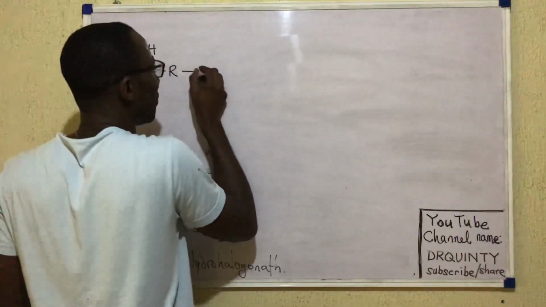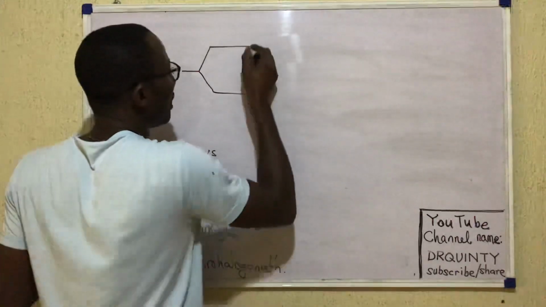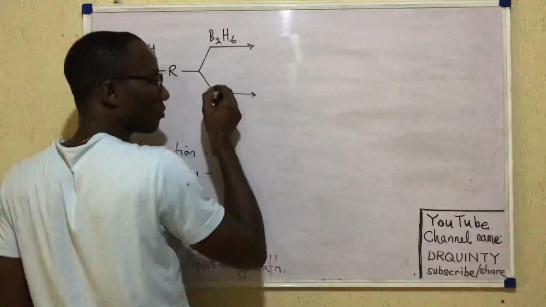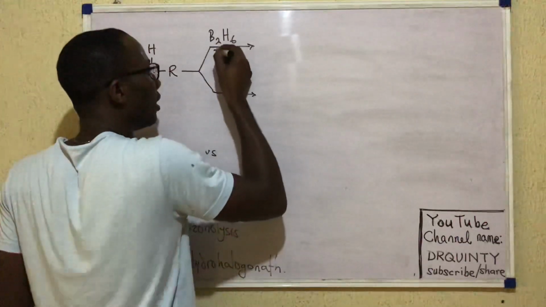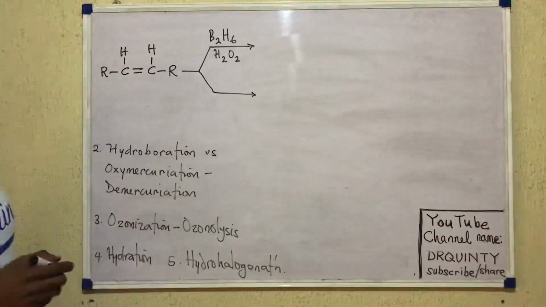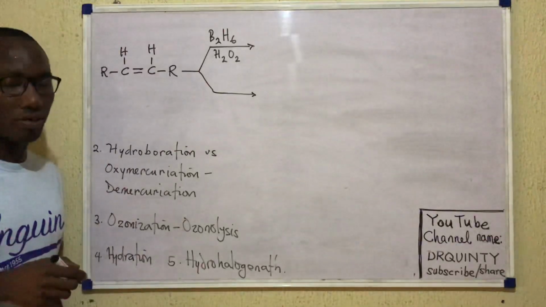This alkene is about to undergo two changes. So let's do it this way. In that upper case, it's reacting with B2H6 followed by H2O2. B2H6 is diborane, whereas H2O2 is hydrogen peroxide.